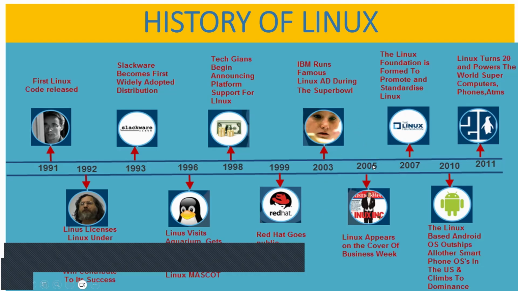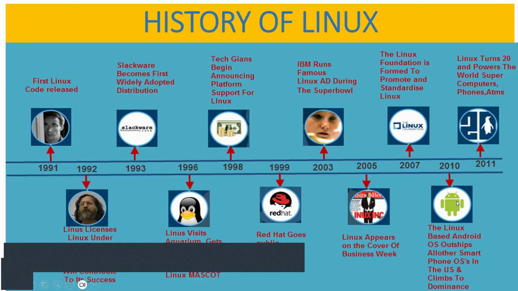In 2005, Linux gained mainstream attention by appearing on the cover of Business Week, highlighting its growing importance in the business world. In 2007, the Linux Foundation was formed. In 2010, Linux became the foundation for the Android operating system, which soon dominated the smartphone market.